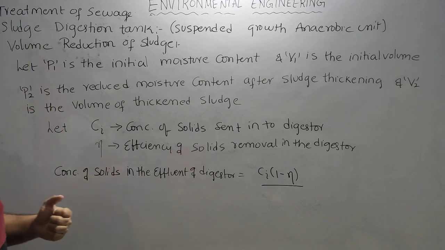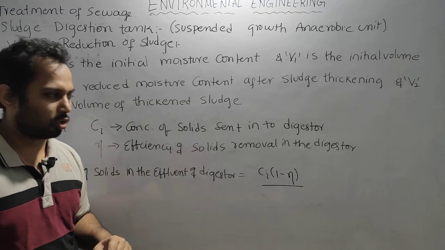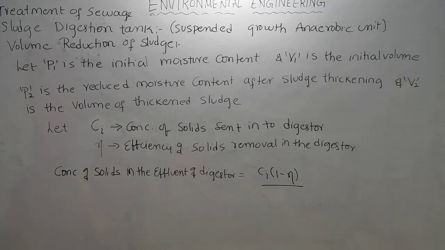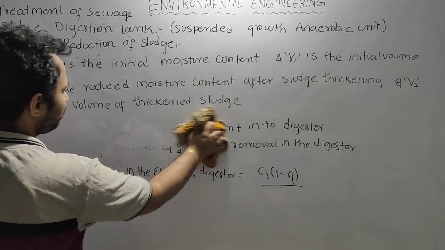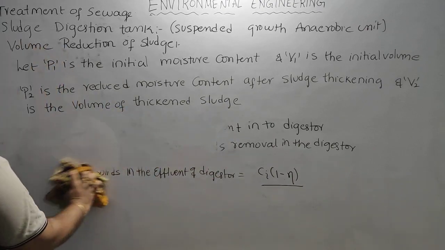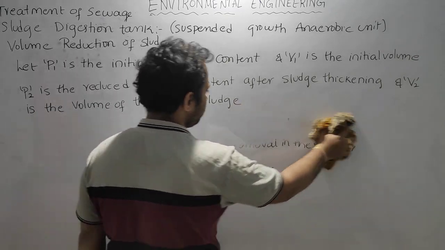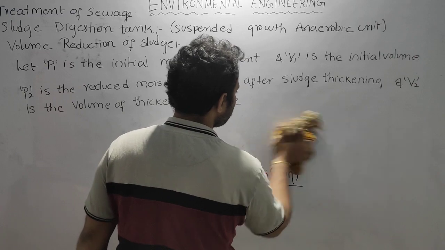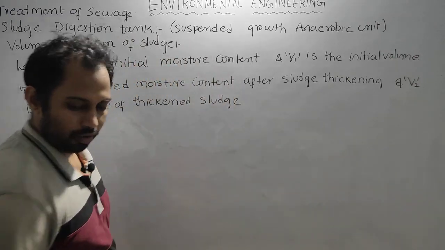Now what we need to do with the digested sludge, we will discuss in the next topic, that is solid waste management. So likewise, these are the solids which will come out of the system when we give solids to the system, and the system will destroy some solids and give some solids out. So how much solids are coming out of the system? That will be calculated using this formula.